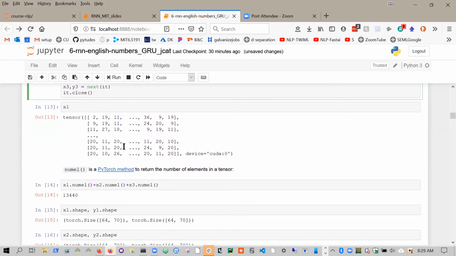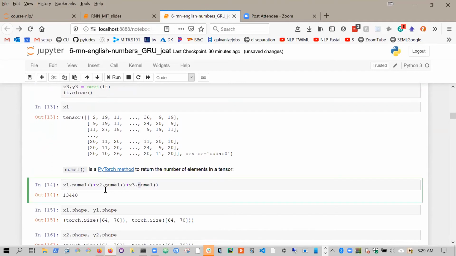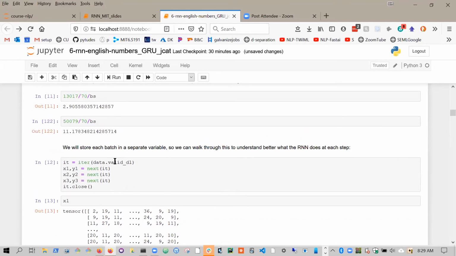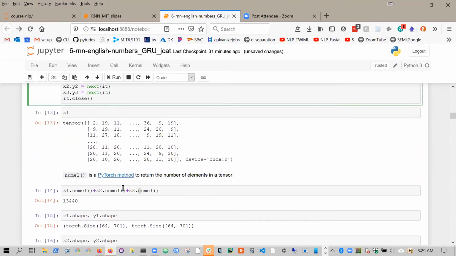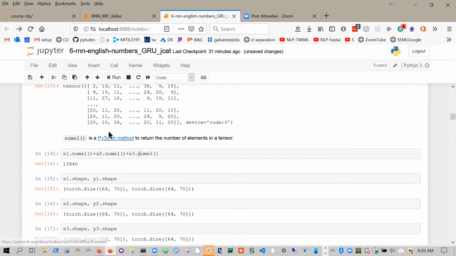So let's look at them. X1 plus X2 plus X3. The length of all the batches is 13,440 tokens, which sort of makes sense because the whole thing is 13,017. Well, wait, are we looking at training data or, yeah, this is validation. So all of the validation data should be in these 3 batches.